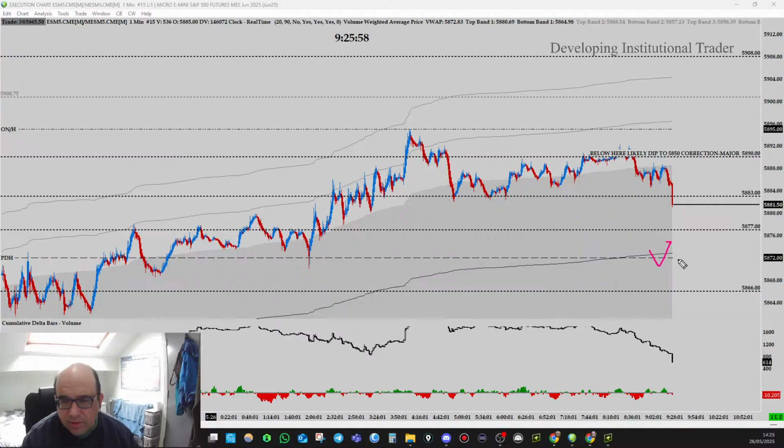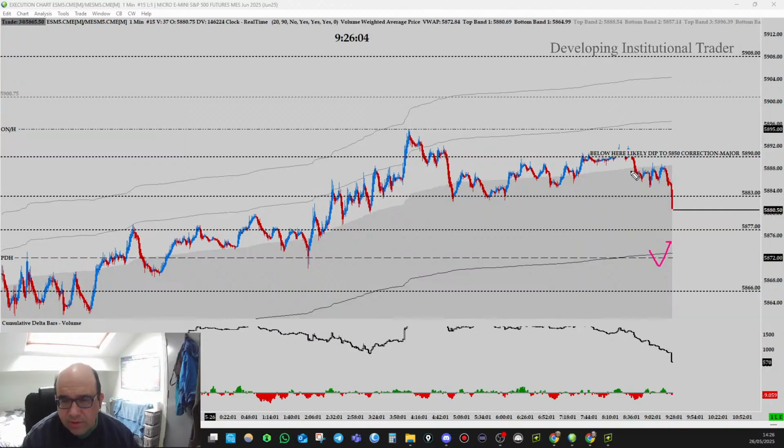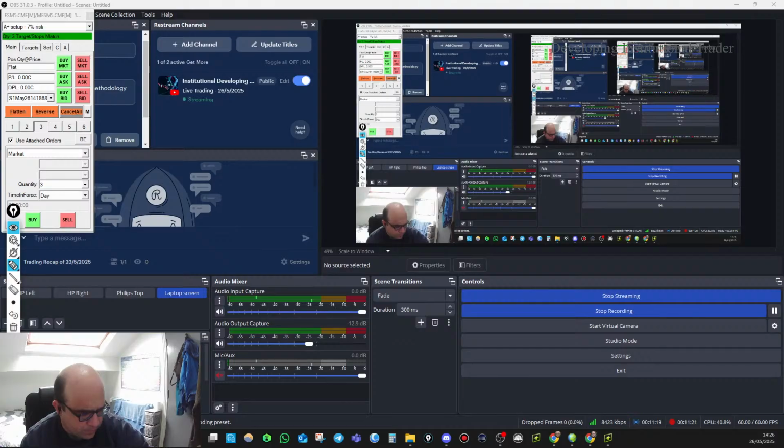So this level just got lost from the highs. One could short it here as well, as we couldn't cross it. But I'm only looking for longs now, as I said. Sorry.